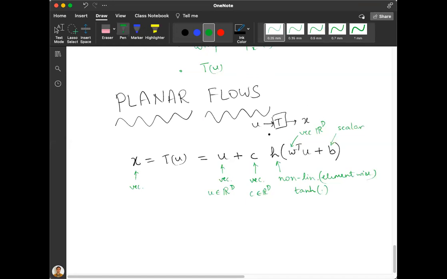First of all is the forward map. Once you know this forward map, you can sample from U, perform this forward map, and compute X, sampling new X. That is one thing. What else? Inverse map, yes, very good. So what is the inverse of this?